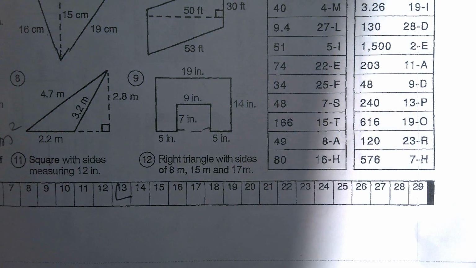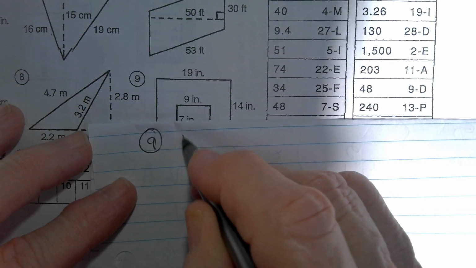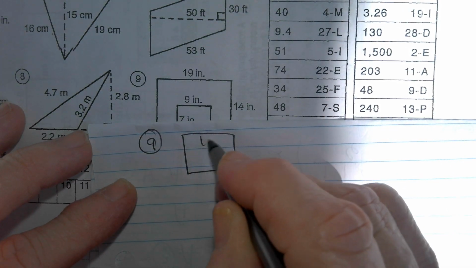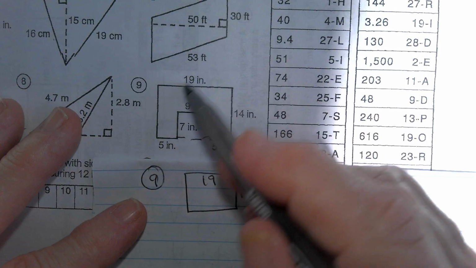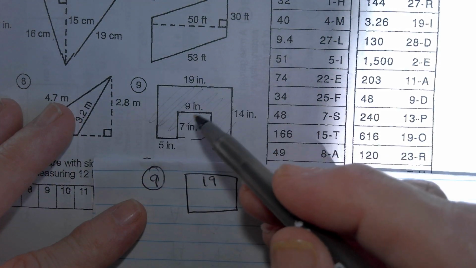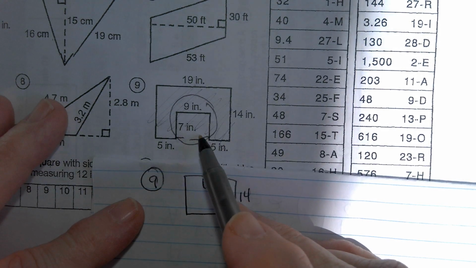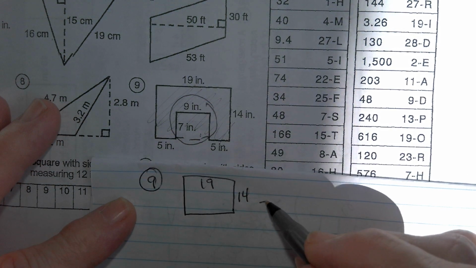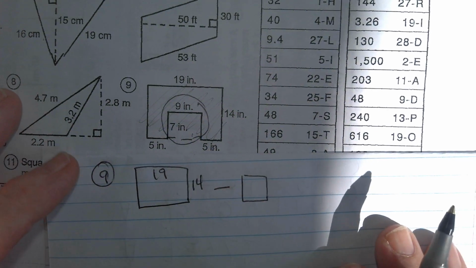So again, have your plan written out. So the number 9, my plan is to take the 19 by 14. But then again, that's going to give me all of this area. Do I have all of that area? So what do I need to do with this area right here? We're going to take it away. So minus that small cutout area.